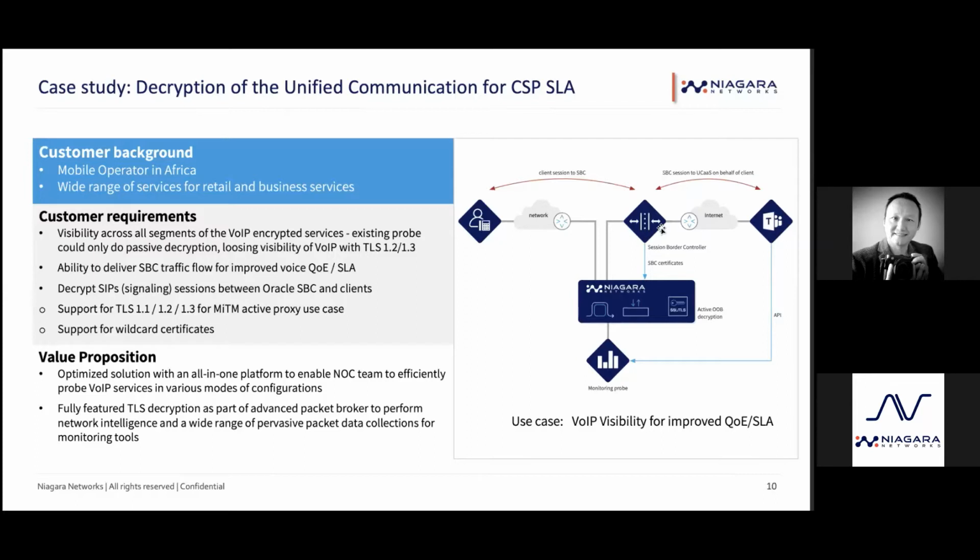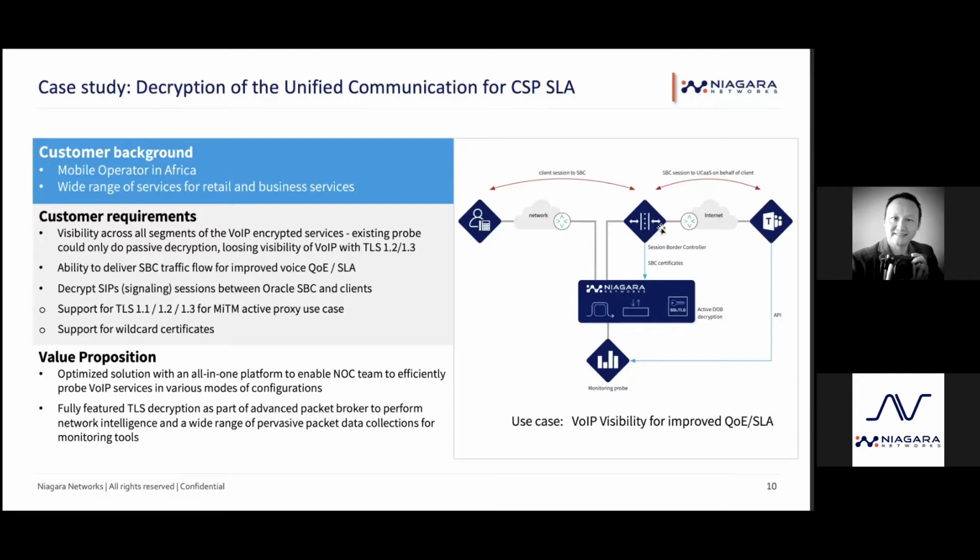But our sweet spot currently is on the slower protocols or the links that do not use a huge bandwidth. If you have multiple 10 gigs of traffic that you need to have decrypted, then the Packetron is not the most suitable deployment for that.